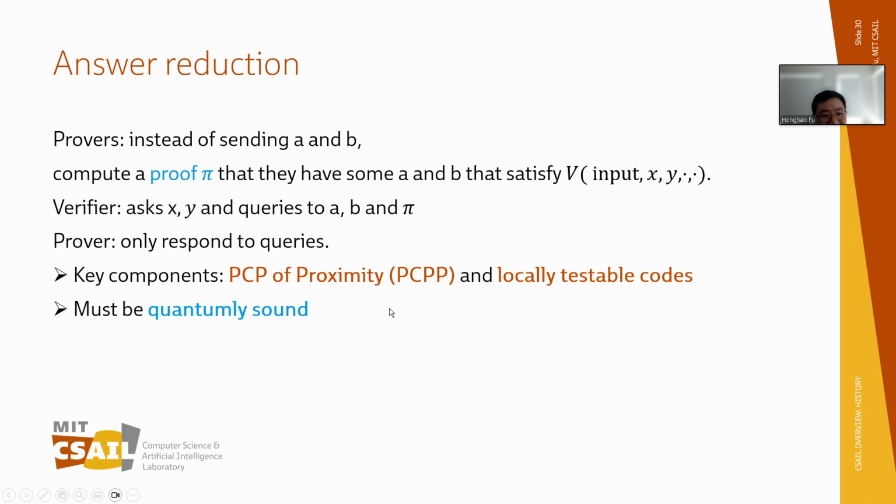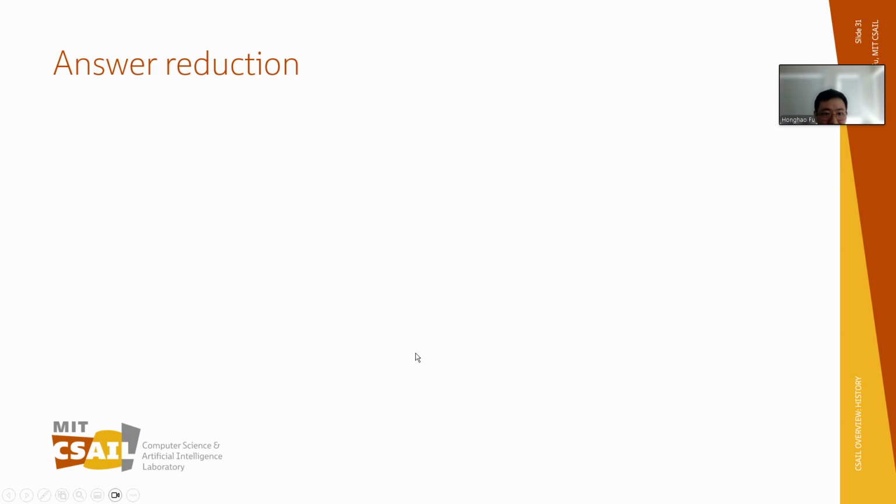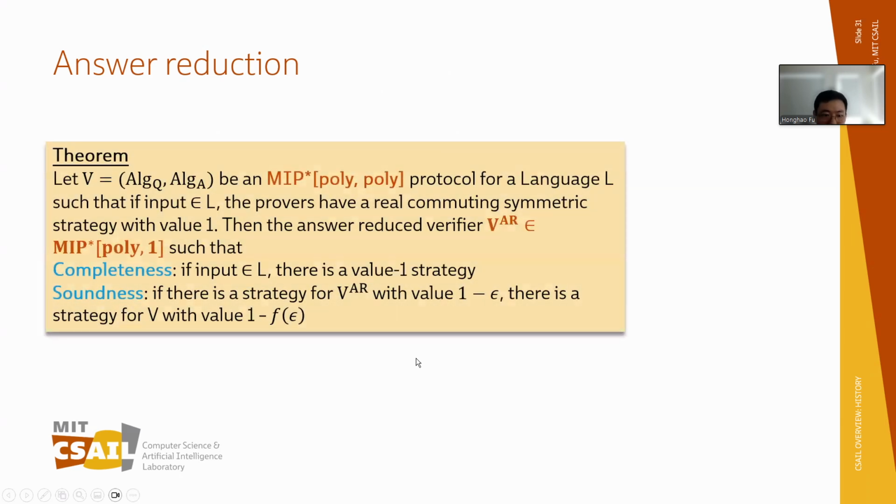So we want to make them quantum sound, and the theorem we prove is that if we start with an MIP star protocol with poly-length answers, and it satisfies the condition that if the input is in the language, then the prover has a real commuting symmetric strategy with value 1.